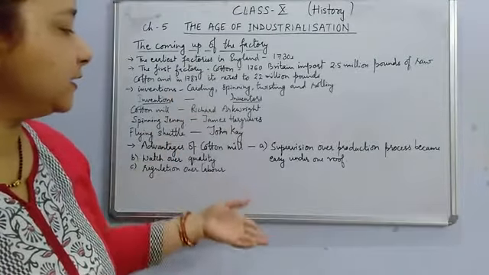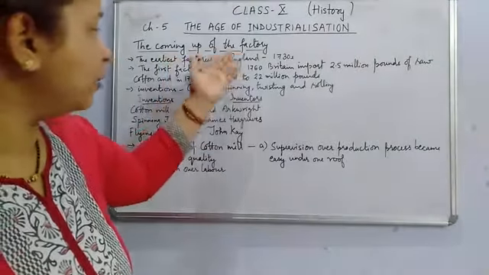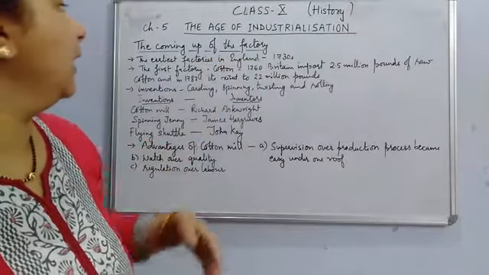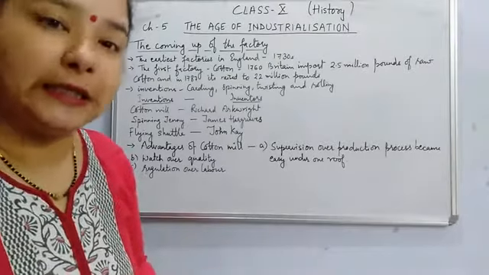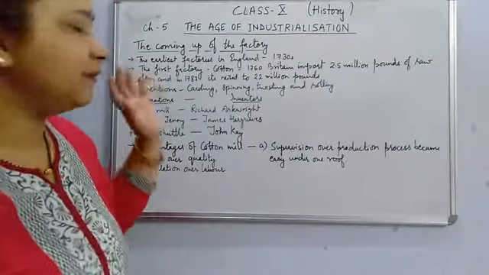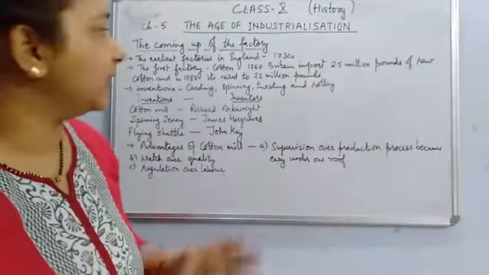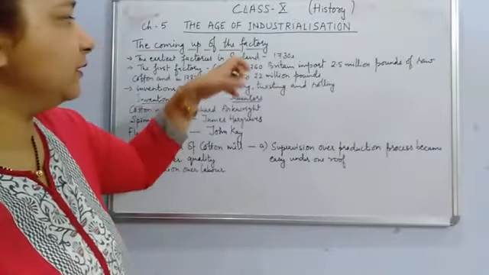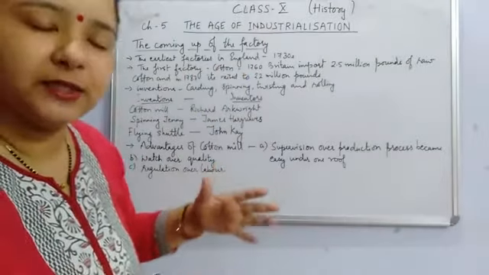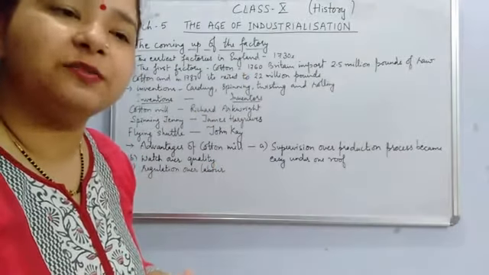Now in this topic, the coming of the factories, we'll see how the factory setup started in England. The earliest factories that we see in England are around the 1730s. This was the initial phase where the basic factory structures were made.